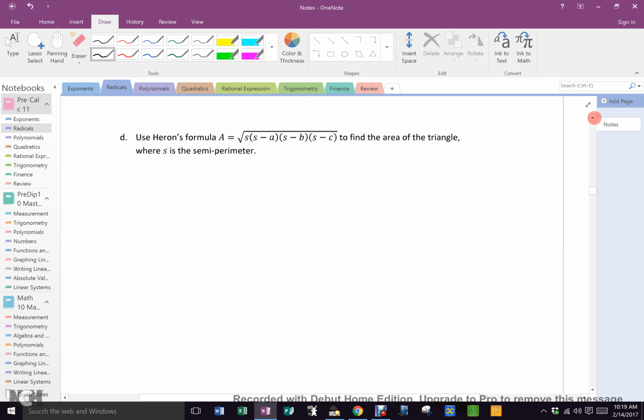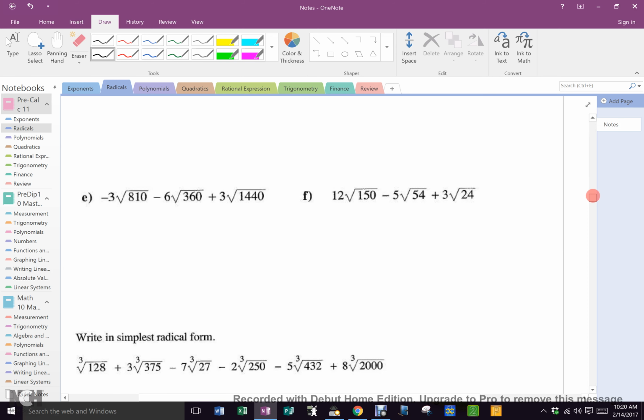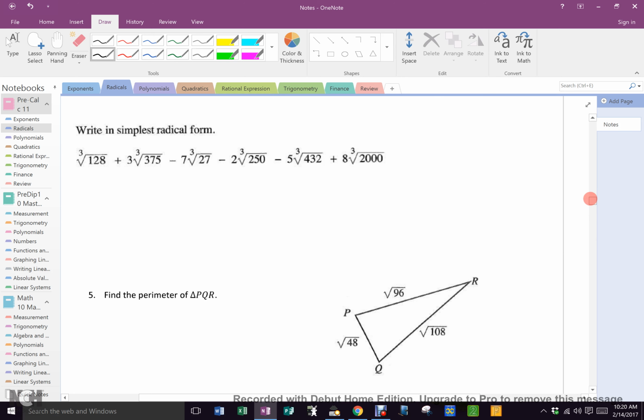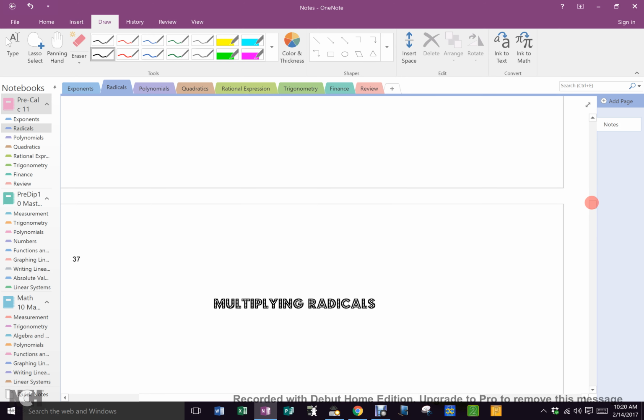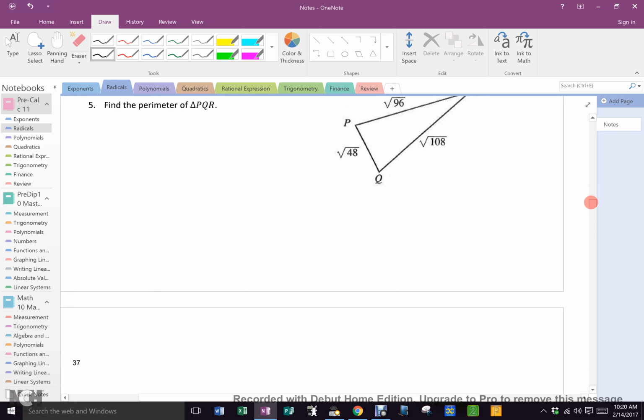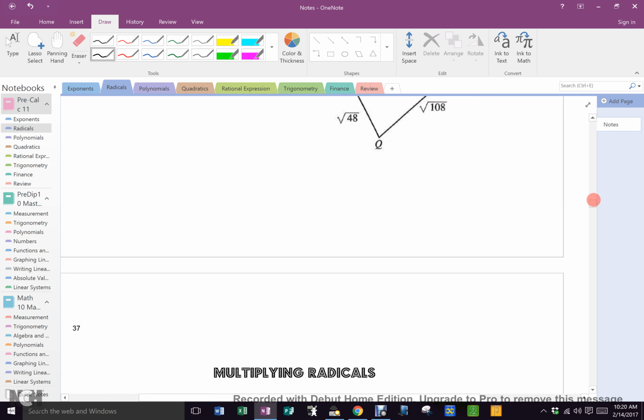Actually, I think I can just stop today because that's a really tough question, that last one I gave you. I am going to stop today. You guys go until 37. Don't do 37. That's multiplying radicals. Work on everything up to and including page 36. Okay? And 32. Yeah, that page that we skipped. Okay?